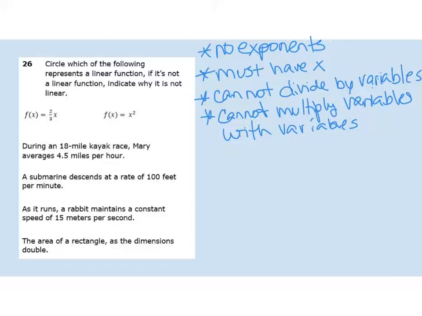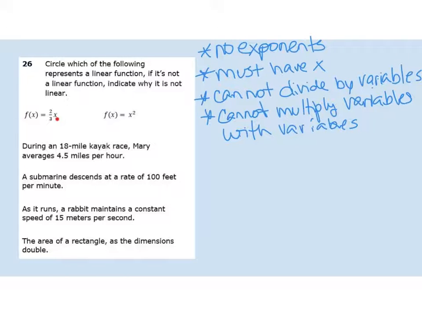So we come back and take a look at our first equation. We see there are just no exponents, which is good. So there's a check. We do have an x. We are not dividing by any variables, so the x is off to the side. And we are not multiplying the x with another letter.